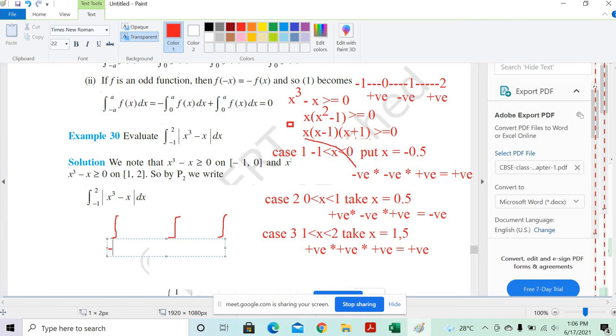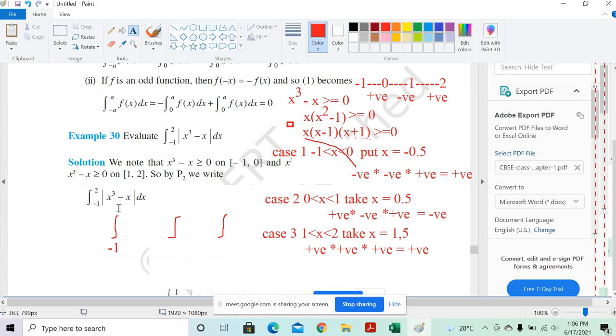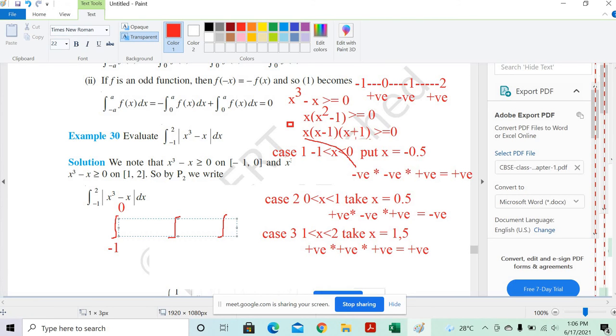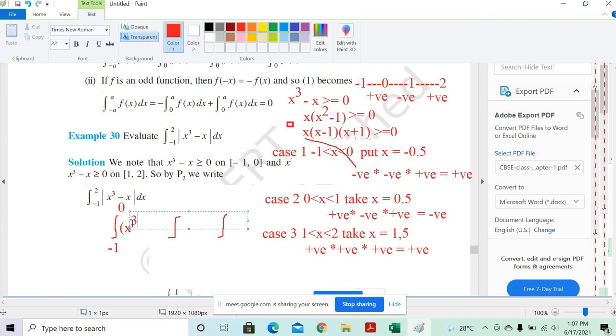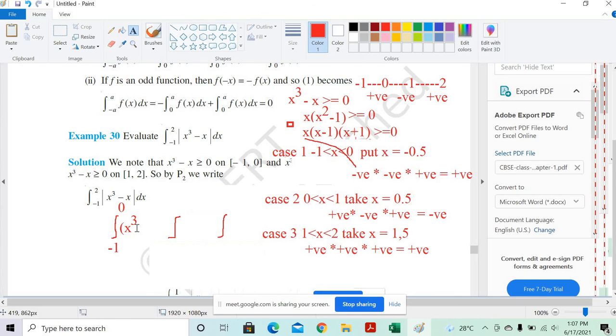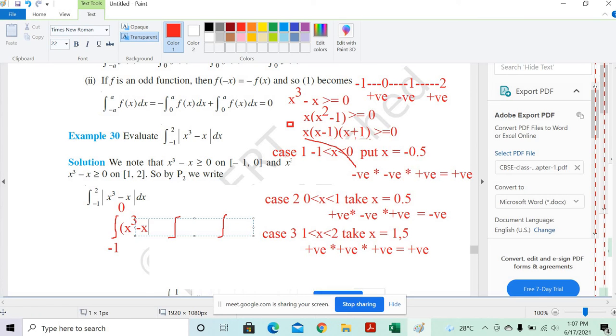Minus 1 to 0. Here the function was positive, so you can go directly as it is, because for the absolute function you don't need to change the sign, so it becomes x cube minus x, isn't it? Correct?